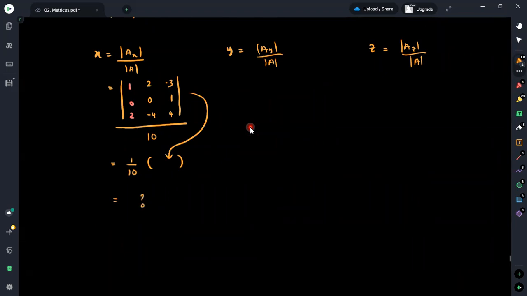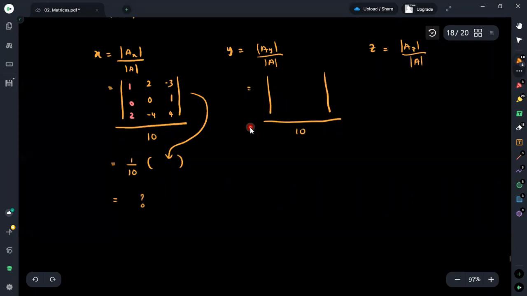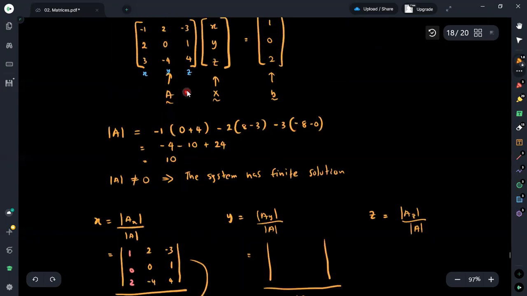Then to obtain the value of y, we do this calculation. Here the denominator is 10, because it is the determinant. For Ay, the second column has to be replaced by the constant terms. The first column is -1, 2, and 3, and the third column is -3, 1, and 4.